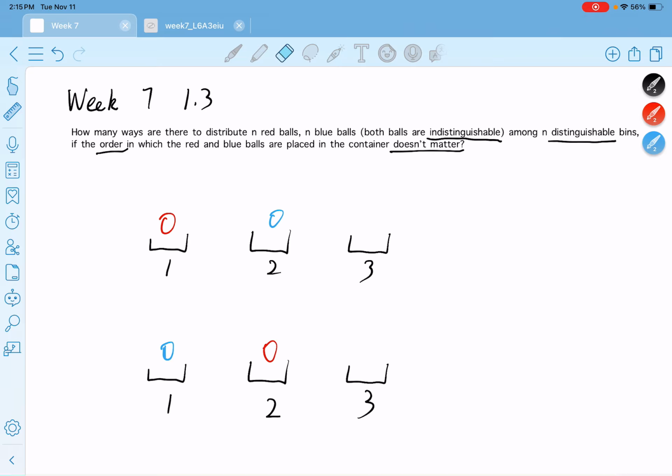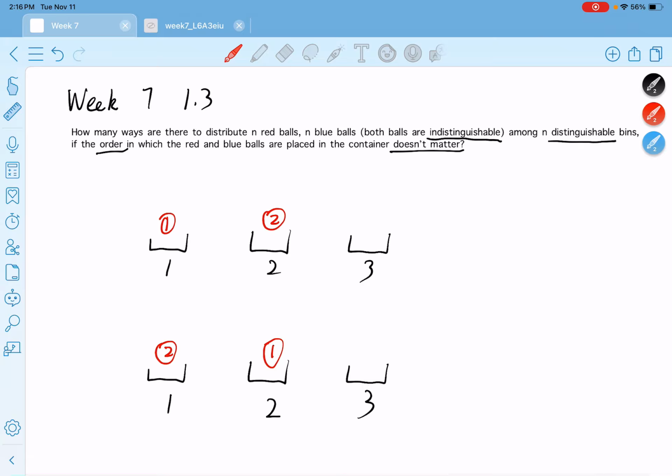The second thing we need to explain is about the red balls and blue balls being indistinguishable. If the balls are distinguishable, it means that we can label the balls. For example, there's a ball called 1 and a ball called 2, and in the second case we just switch the order.